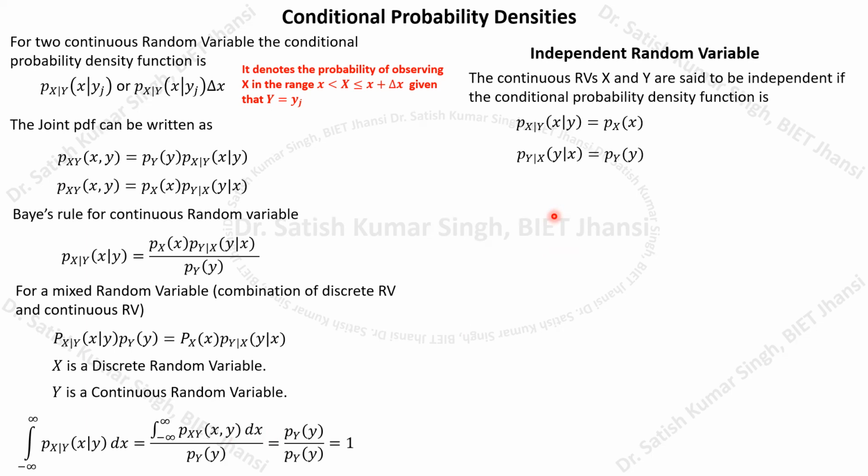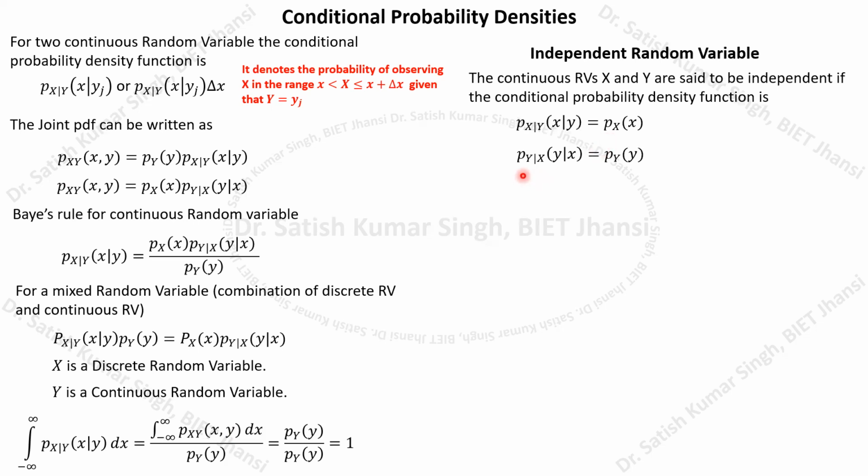If they do not depend on each other, then if you want to calculate the conditional probability, that is, the probability that x will occur for a given y, then because x and y are independent, this will be the same as the probability density of x itself, right?